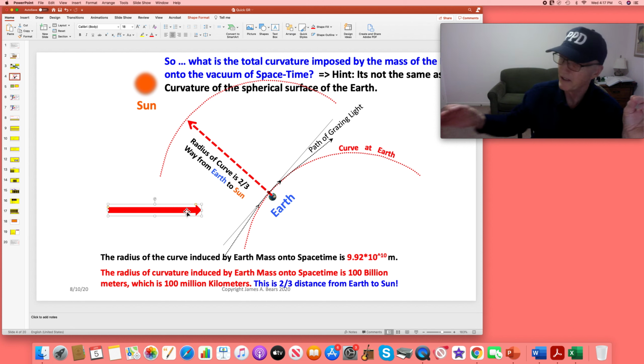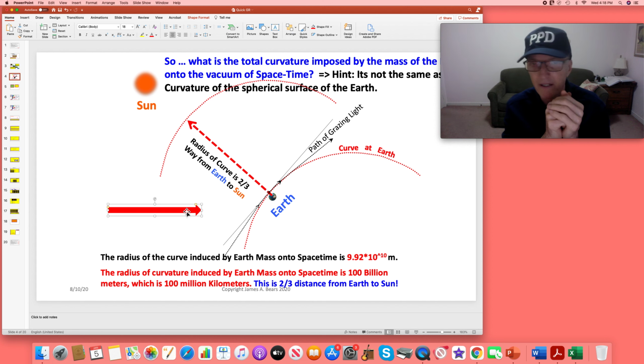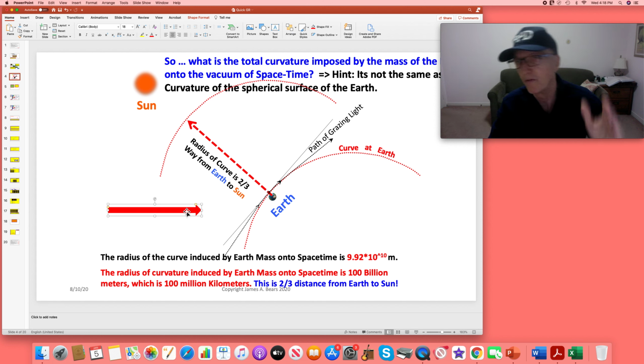When you walk with it, it's going to be an almost perfectly straight line. So in other words, the curvature imposed by the planet Earth on the space near the Earth is actually almost flat, but it's enough to cause gravity as things move through time.